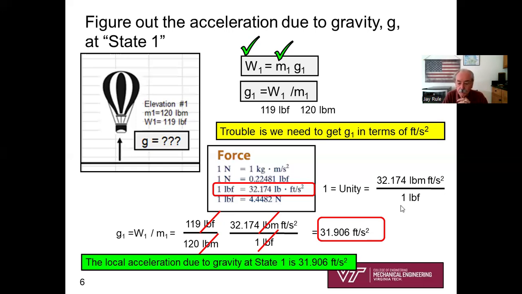G1 is 31.906 feet per second squared. Now, you see, what have I done? I've included units in my answer. I have circled my answer, and in my world, as a result of my engineering practice, once I graduated with my advanced degree, I will write out in a sentence, the local acceleration due to gravity at state 1 is 31.906 feet per second squared.